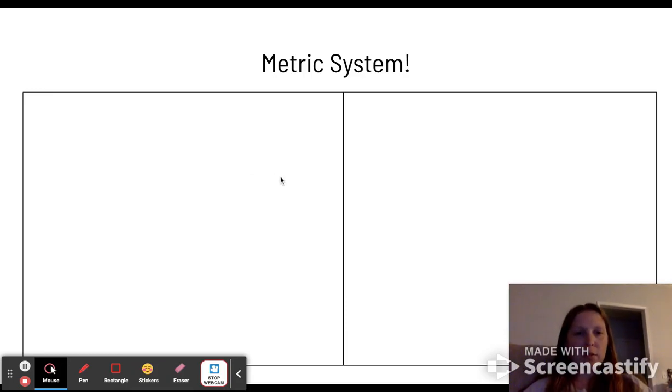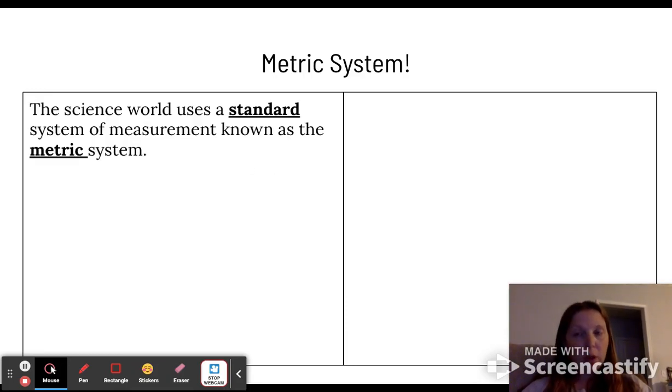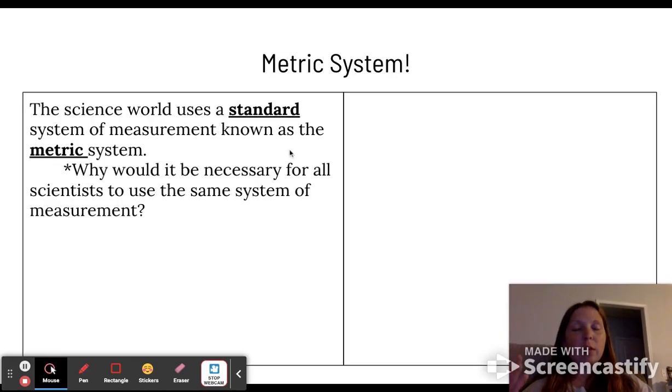First, let's go over the metric system, which you've heard of before. In science, we need to make sure we measure things the same across the board, and the way that we do that is through what's called the metric system. Why is it necessary? Why should scientists all use the same system of measurement?